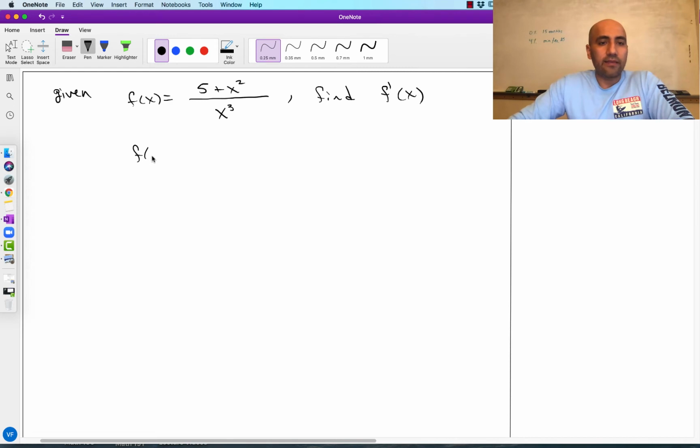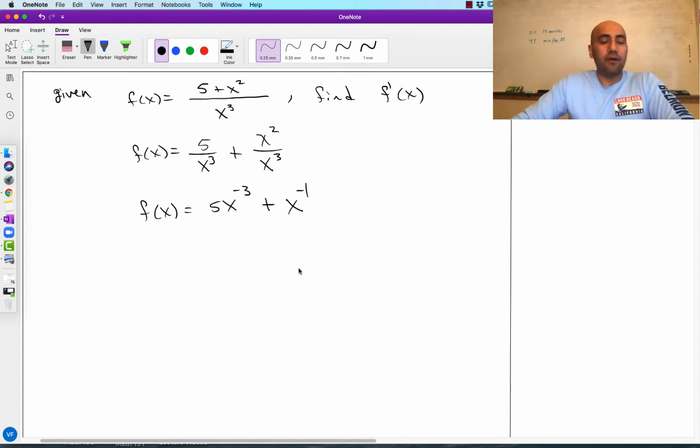We can simplify and separate it as 5 over x to the third power plus x squared over x to the third power, right? And then that easily simplifies as being 5x to the negative third power plus, and then these reduce, and we end up with 1 over x, which is the same thing as x to the negative 1 power.